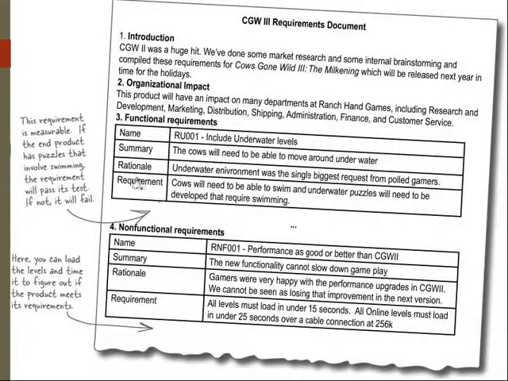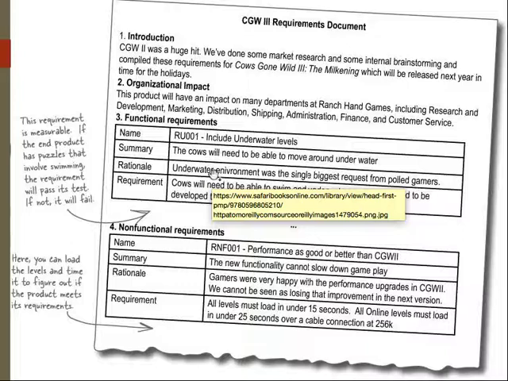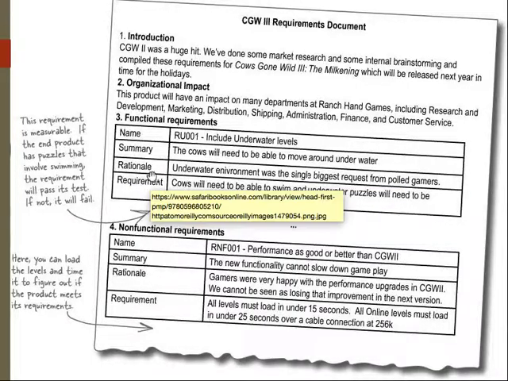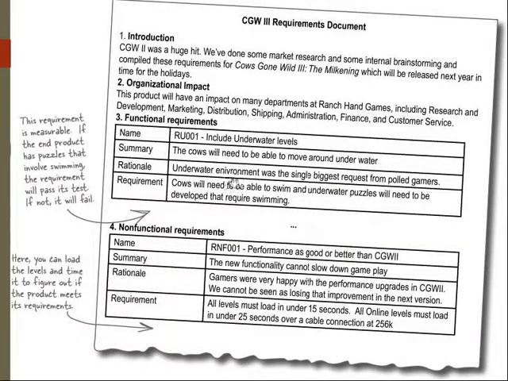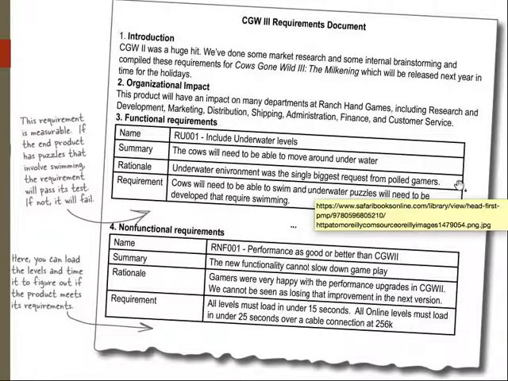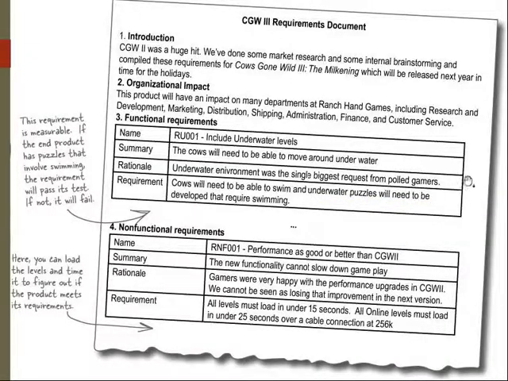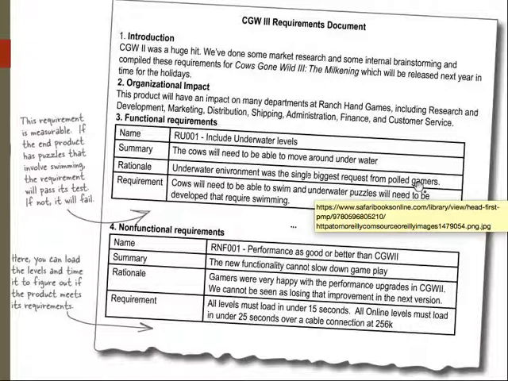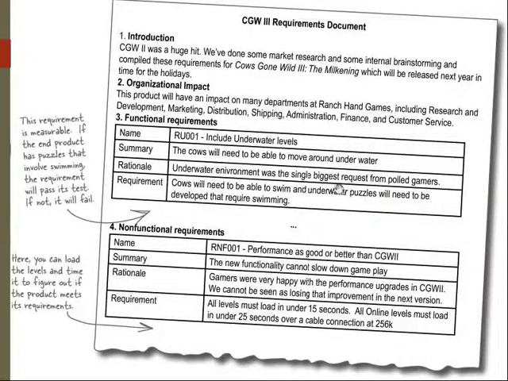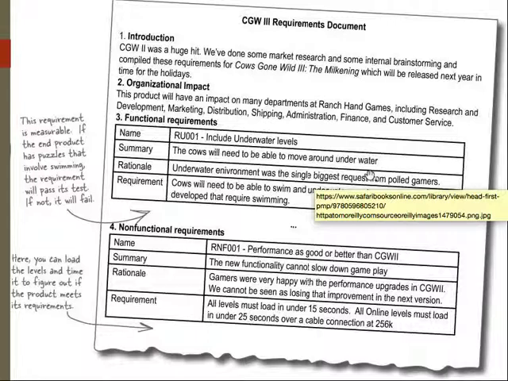So some features may be cow climbing or jumping or climbing mountains, but one is to move underwater. In your documents, it's always a good idea to record the rationale. Rationale means the reason for doing that. And you give the reason saying that you have polled your gamers. Poll means conducting an opinion survey. You poll your gamers, and they said they like to have the game happen underwater.